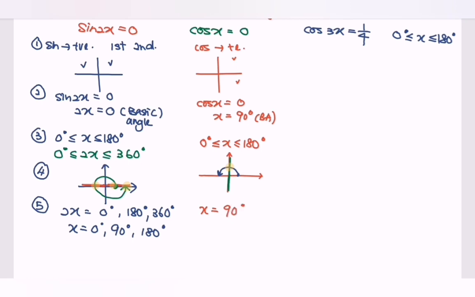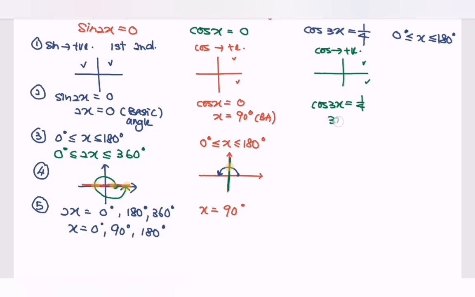Next, focus on the third part where we have cos 3x is equals to 1/4. Step number 1, cos positive, where we have the first and the fourth quadrant. The basic angle, cos 3x is equals to 1/4.